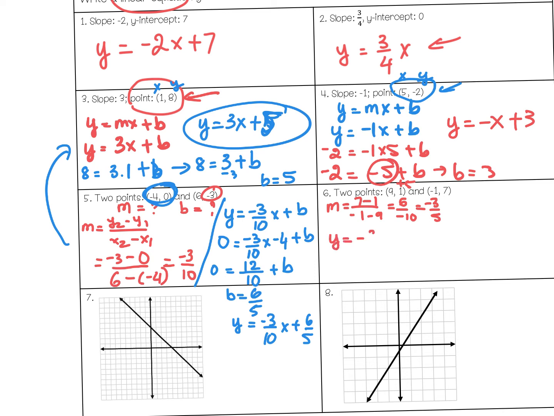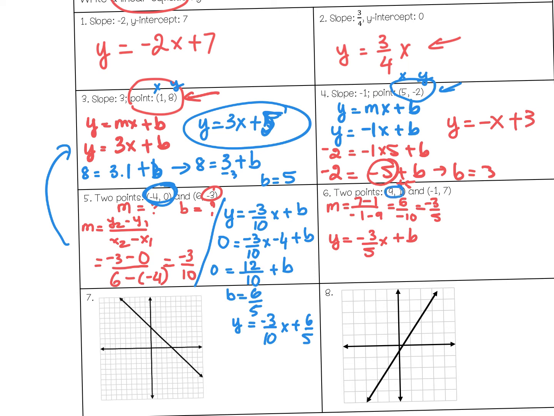write out the equation, okay, and substitute. Now I think I'm going to like my positive number, so I'm going to use this pair, 9, 1.